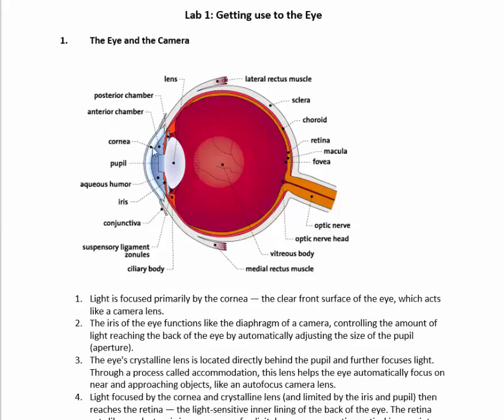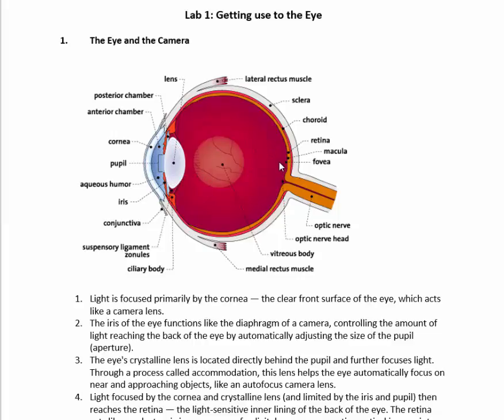The iris is actually a muscle in front of it, and the iris defines the diameter of the pupil. The iris is like the diaphragm in a camera. It can close to become small when the light is very intense, and open to make the pupil bigger when the light is dim.